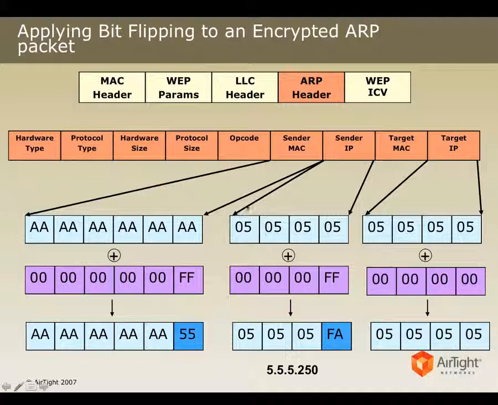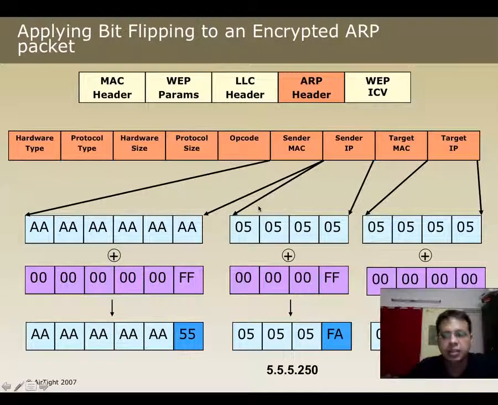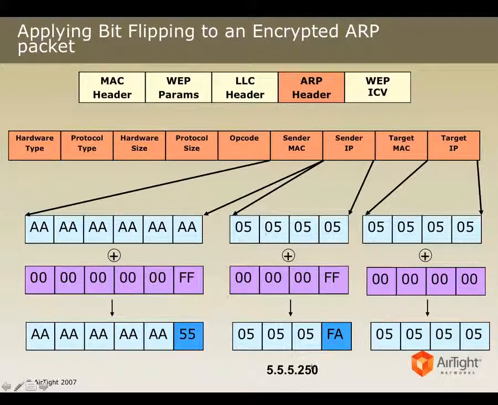What happens because of this is that the least significant byte of the IP address changes, and this becomes 5.5.5.250, which is typically in the same subnet. And hence the original gratuitous ARP packet changes into an ARP request packet sent by 5.5.5.250 for 5.5.5.5, right?